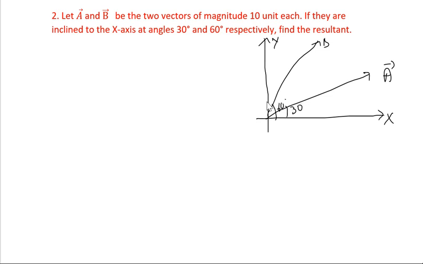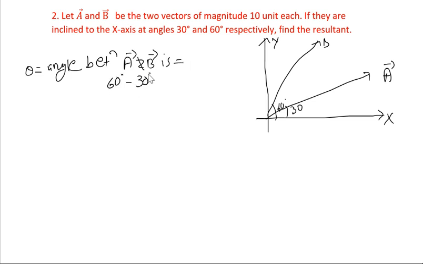Here also, to find the resultant, we first find the angle between the a vector and b vector, which is theta, 60 minus 30 degrees, equal to 30 degrees. So here theta is 30 degrees.